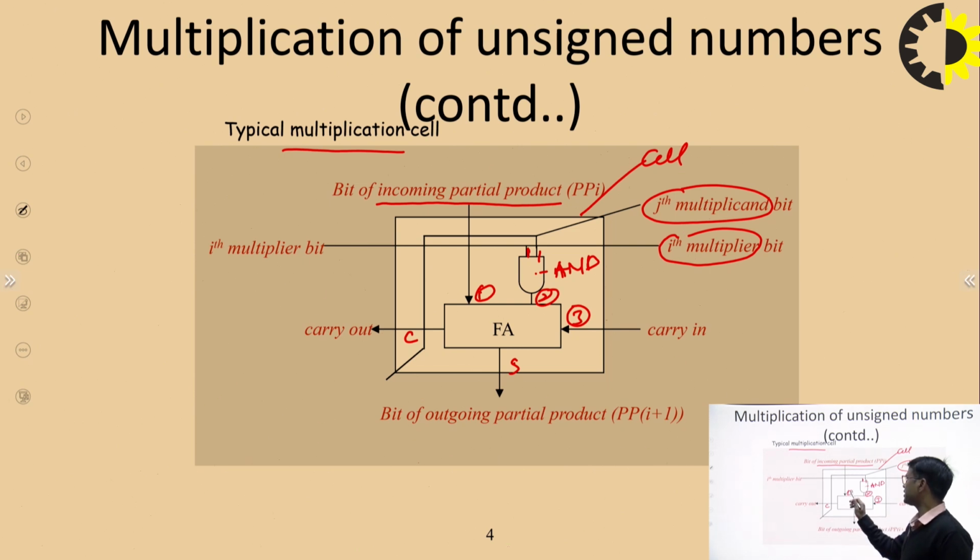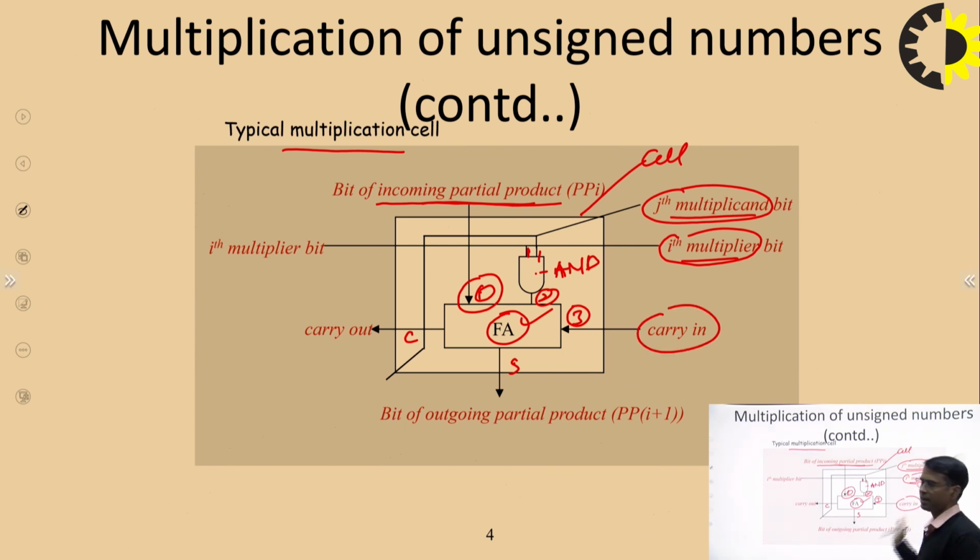So, this full adder has 2 inputs, again the first input is the partial product from the previous stage cell, and the second input is the multiplication of the jth multiplicand and the ith multiplier bit. Now, certainly there will be some carry generated from the previous right hand side cell after adding all the bits.